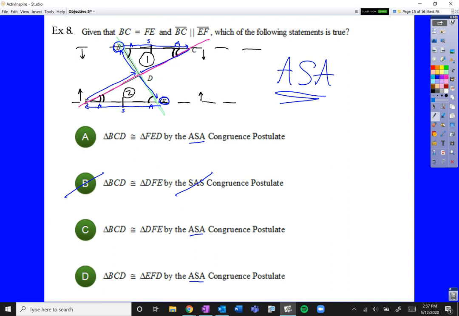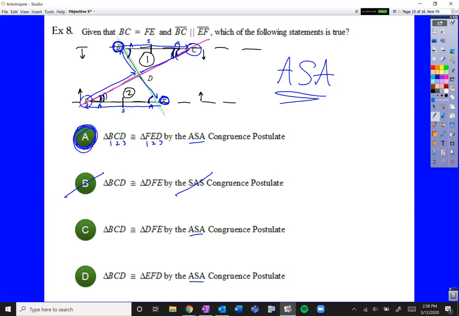So we kind of got lucky. Angle B is the single arc mark, angle F is the single arc mark, so those are both in first position. Angle C is the double arc mark, and angle E is the double arc mark, and those are both in second position. And then angle D is the same. So these match up. So we got lucky.